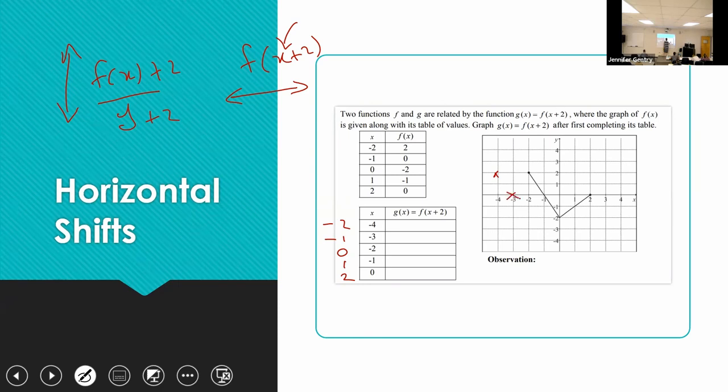That's 2, right? Okay, what did I add? 2. How many boxes did I go over? 2. When we went up and down, if I add 2, you go up. If I subtract it, you went down, right?